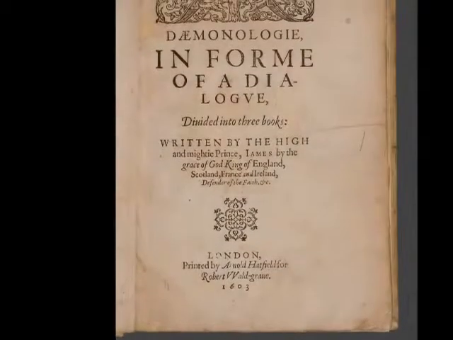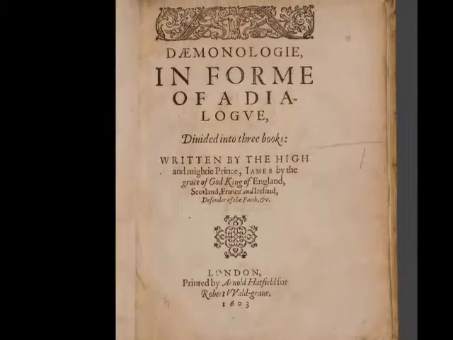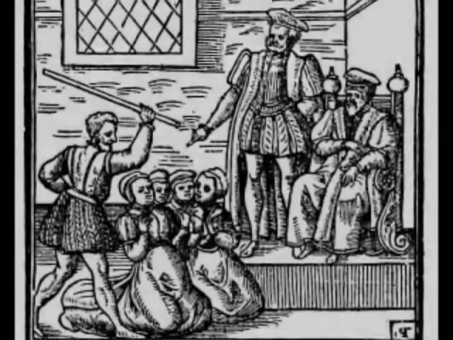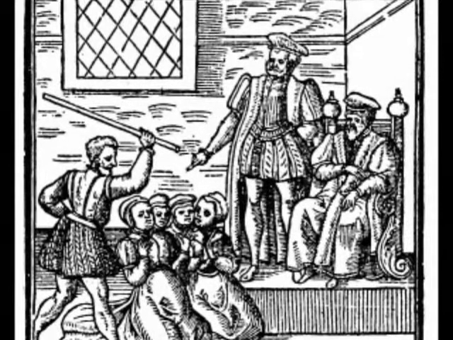James became obsessed with witch magic, and he even wrote a book called Demonology. This book taught how to avoid witches' magic. He even wrote an official letter to his kids where he asked them to carry on with their father's witch-hunting hobby.